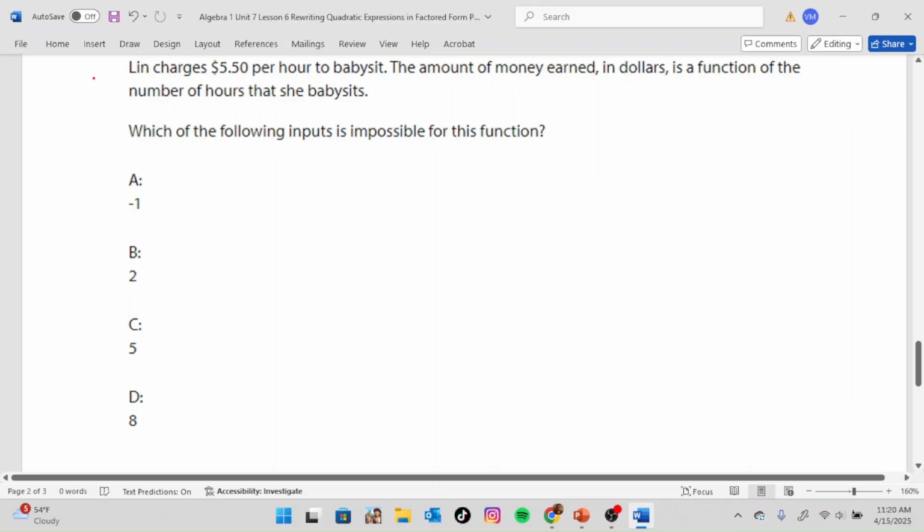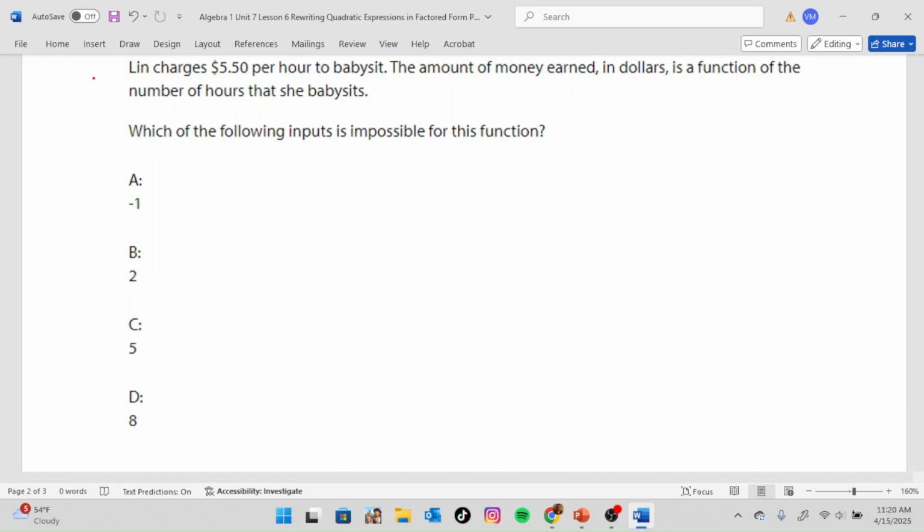Practice problem number 5 is our last practice problem in Unit 7, Lesson 6. This problem is actually going back and checking your understanding of functions from Unit 4 to make sure that you have this knowledge to be able to solve problems here in Unit 7.